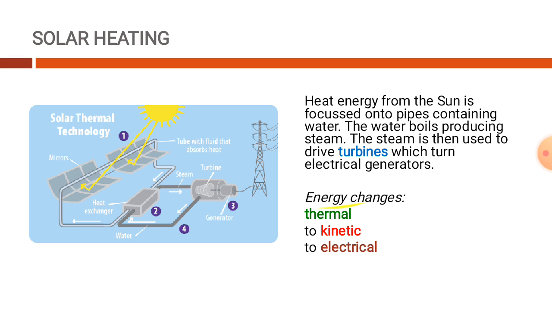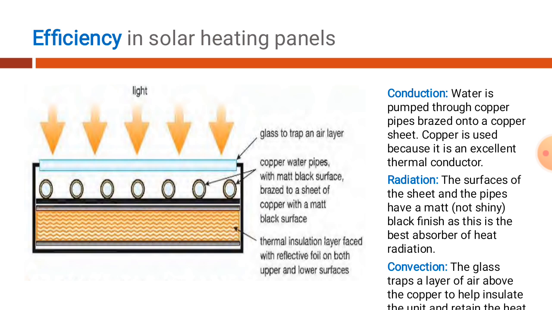Okay, so here the energy changes are quite different. The thermal energy is converted to kinetic energy, then the kinetic energy is converted to electrical energy. These solar heating panels are designed in a specific way so that they are efficient enough to produce enough energy. The construction of these heating panels is unique.